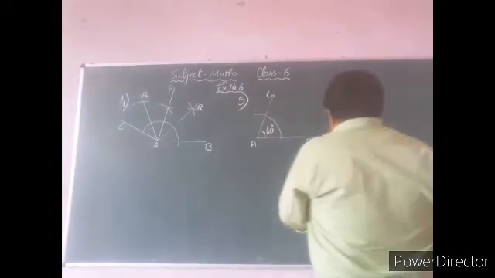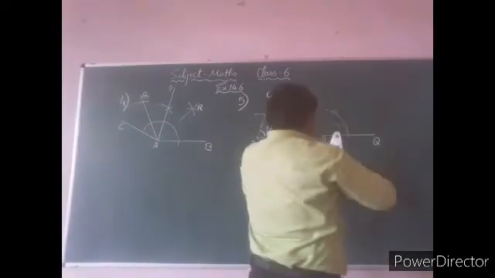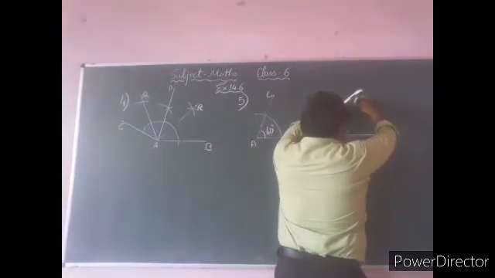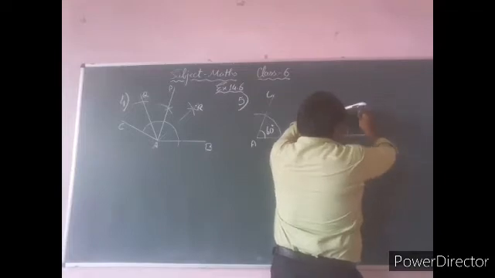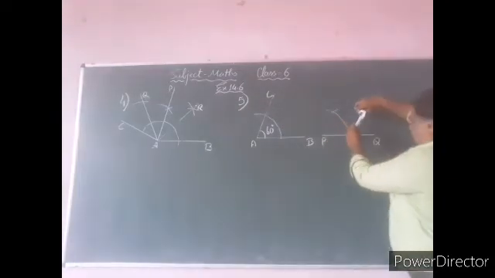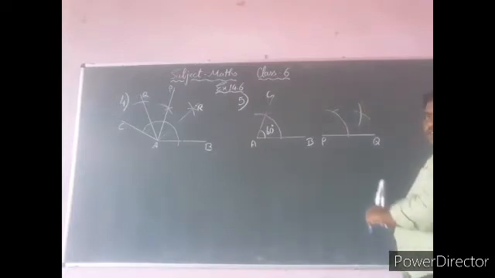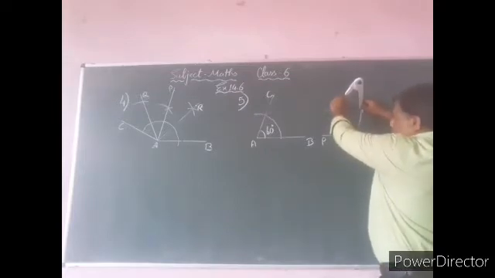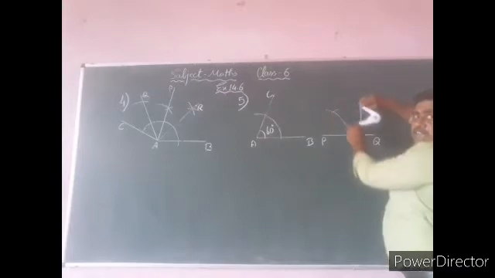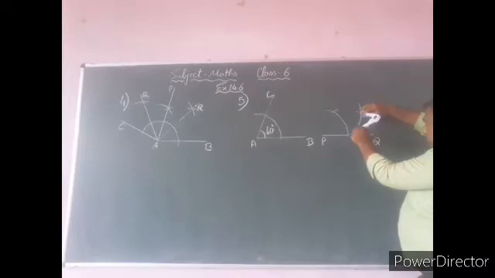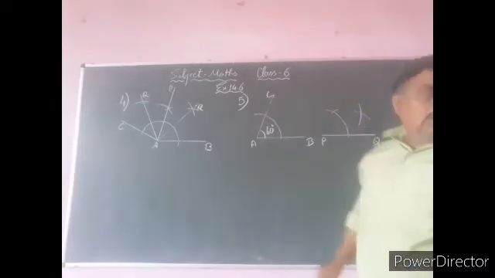Now bisect it. Draw an arc from here of any radius and of the same radius from this point. Draw the arc, join P with this arc.